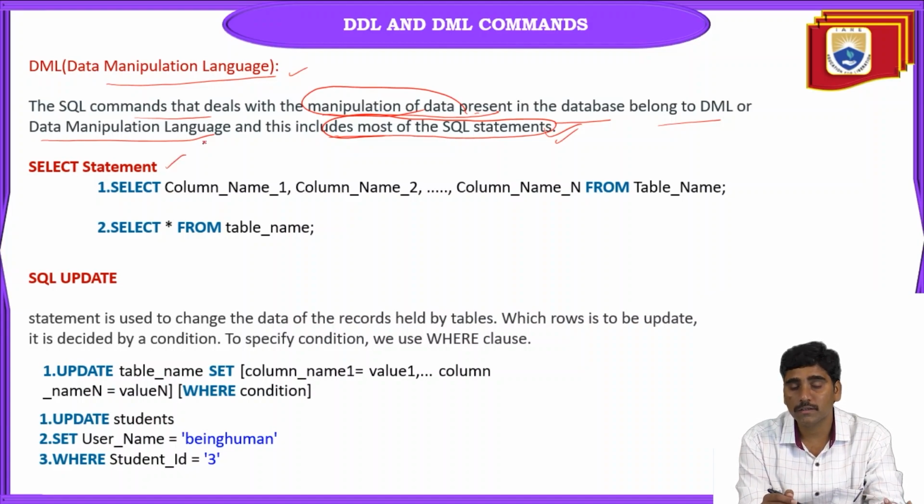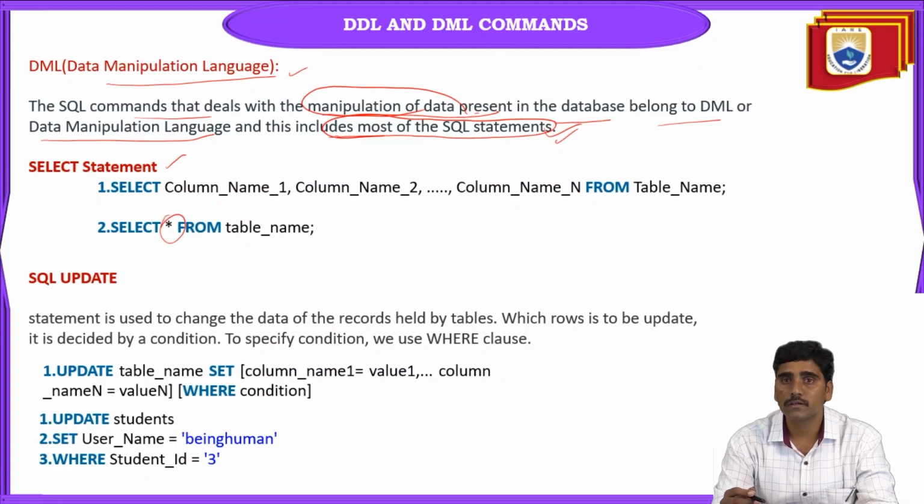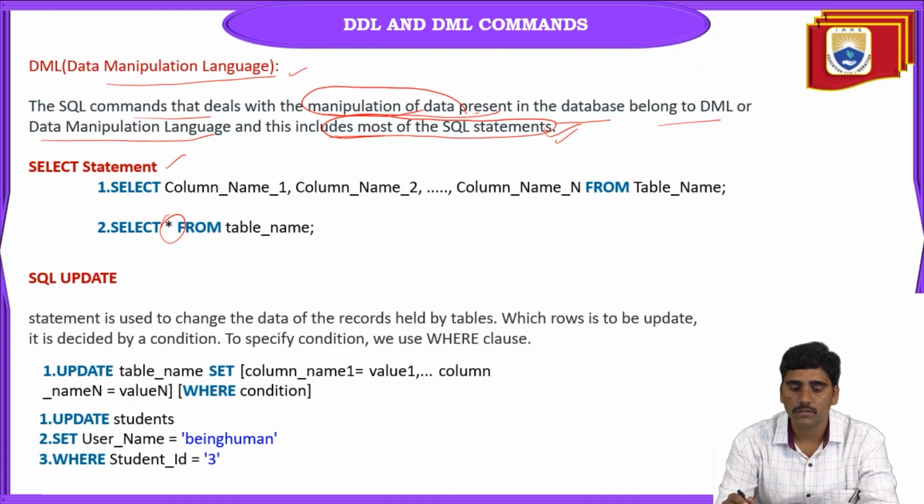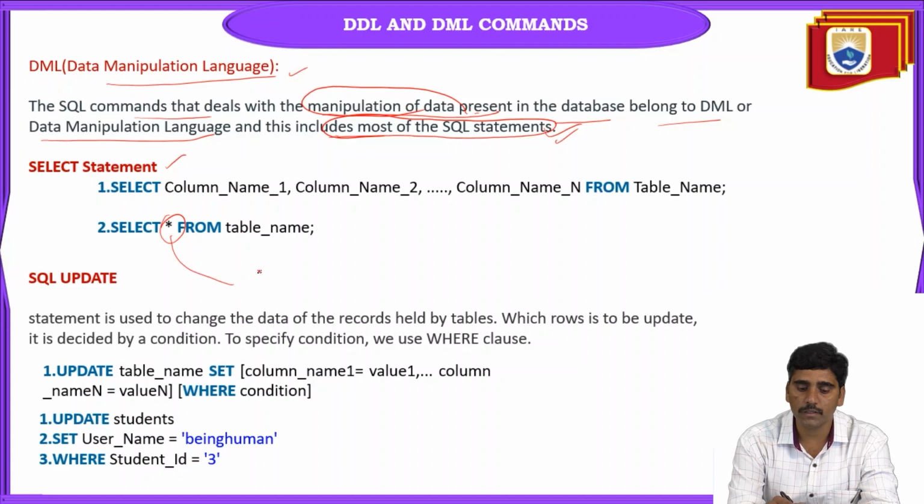The select statement is used to retrieve values from the table. You can retrieve the values from the table on the basis of a condition. If you want to retrieve all the values from the table, use the star operator.